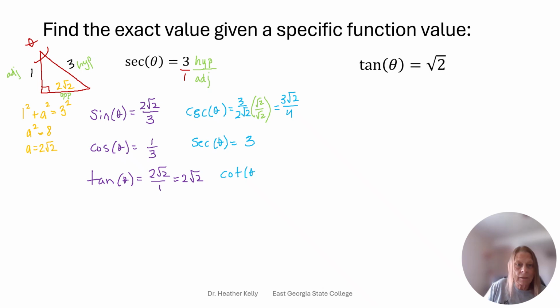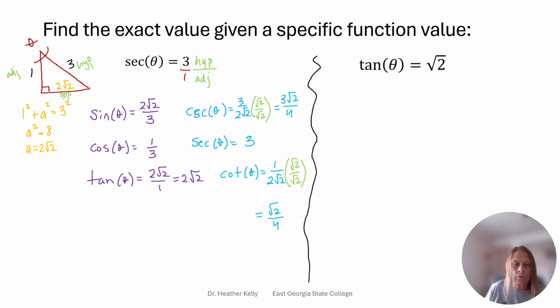And cotangent theta is 1 over 2 root 2. So we'll have to hit up our root 2's here. And that gives us root 2 over 4. And there it is.